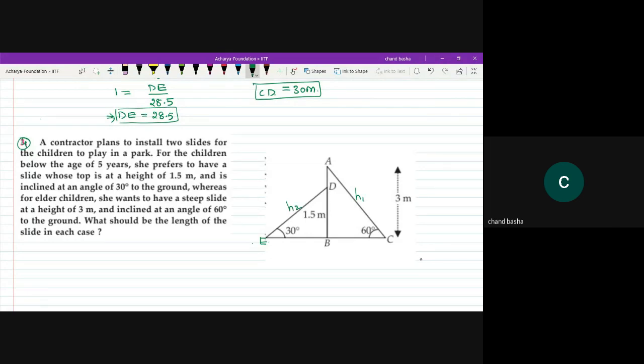These are the two values he's asking, because of the inclination, what should be the length of the slide in each case? Length of the slide.